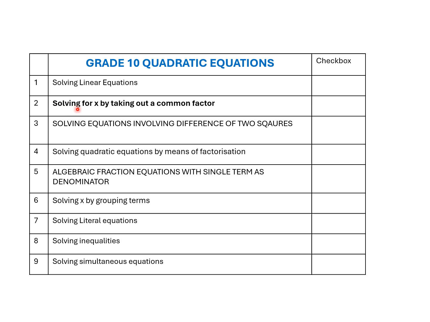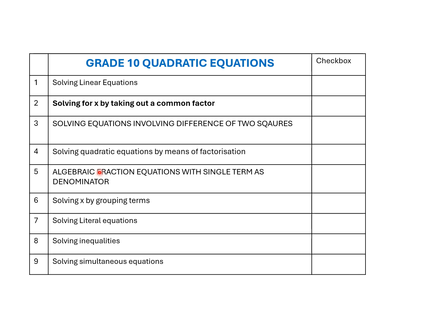Then we need to know how to solve for x by taking out a common factor. So first rule of factorization generally is always to look if there's a common factor. Number 3, solving equations involving a difference of two squares. Then we're going to solve quadratic equations by means of factorization, which in itself has 4 to 5 variations.